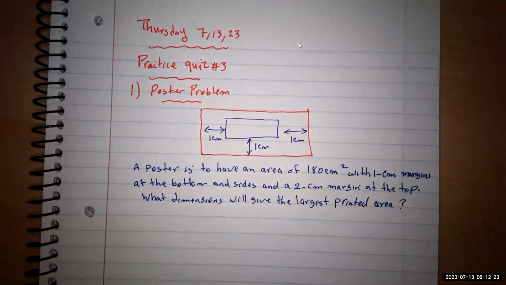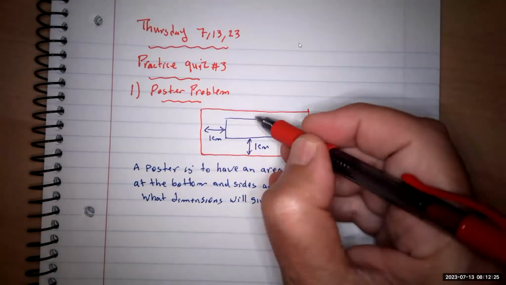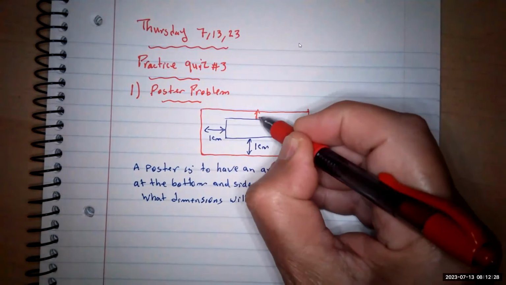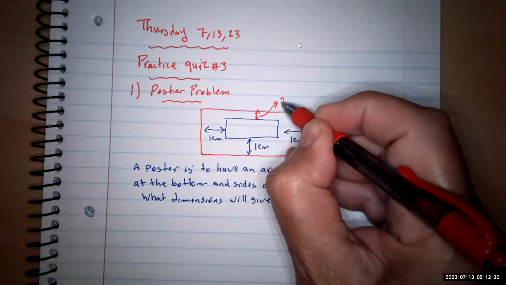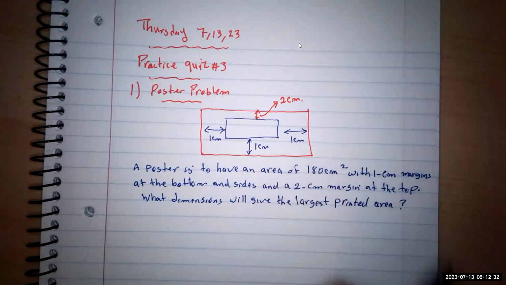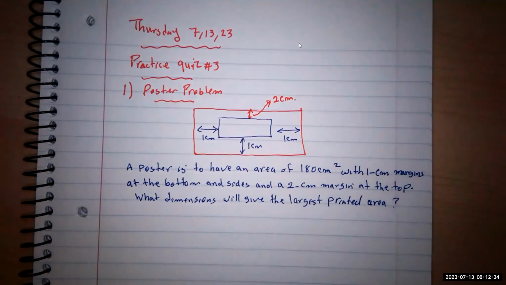But the margin on the top is 2 centimeters. This graph is not a good one, but this margin over here is going to be 2 centimeters.